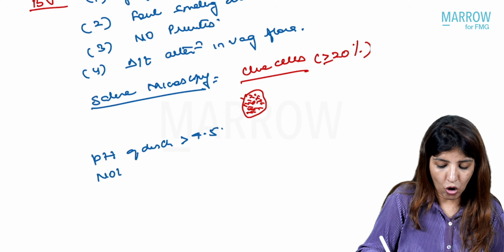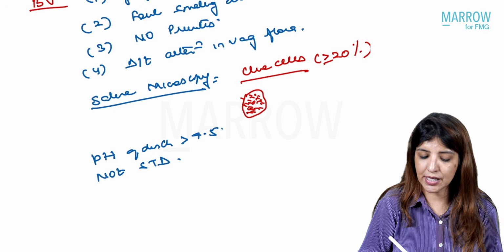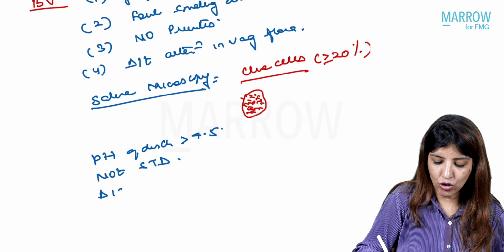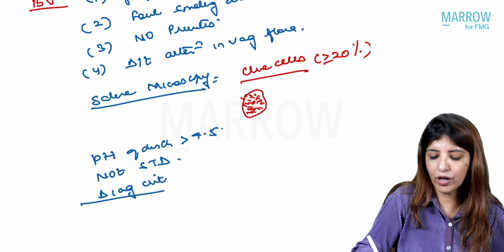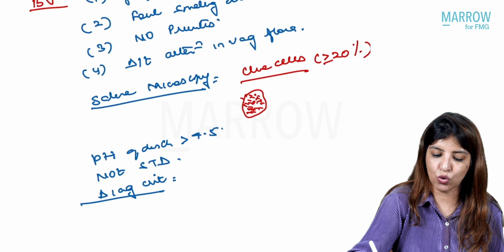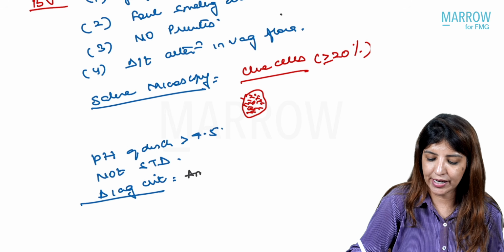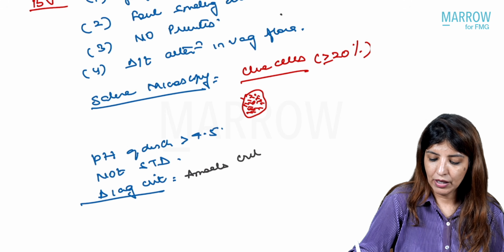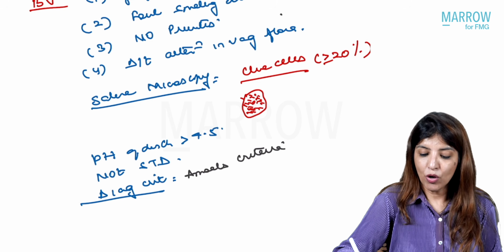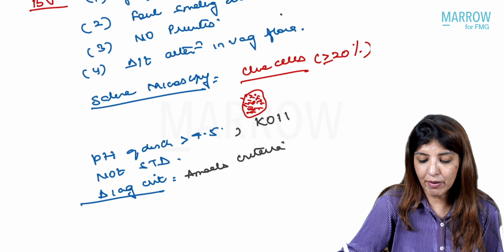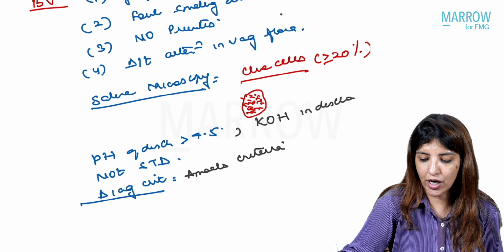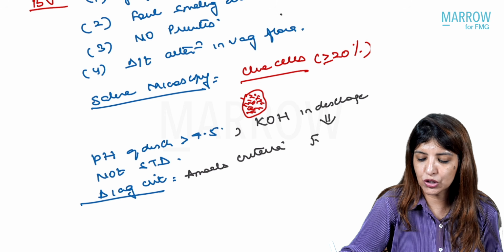This is not a sexually transmitted disease, and the diagnostic criteria for bacterial vaginosis is called Amsel's criteria. When you put potassium hydroxide in the discharge, you get a foul smelling odor.